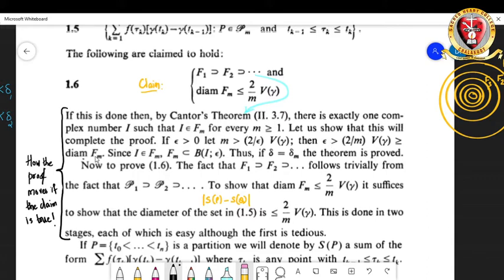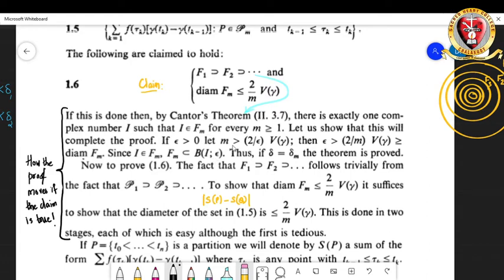And we are saying that in Fm this complex number I occurs. So if you consider the open ball centered at I with radius epsilon, we definitely know that Fm will be contained in that open ball, right?